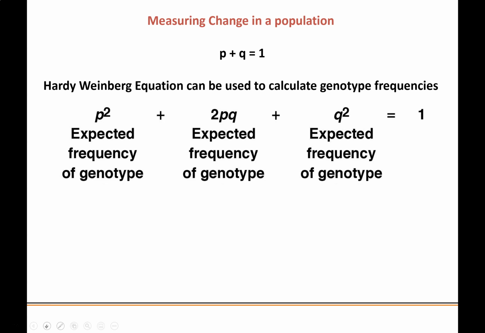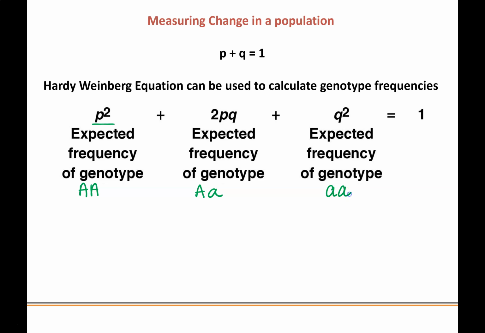So based on the previous discussion, the P squared part of our equation is the expected frequency of the homozygous dominant genotype. The 2PQ is your expected frequency of the heterozygous genotype, and your Q squared is the expected frequency of the homozygous recessive genotype.